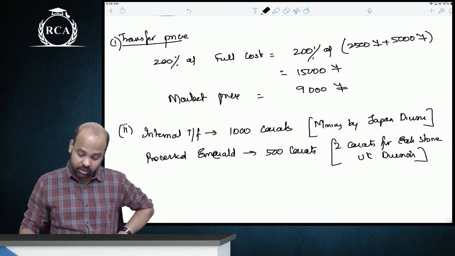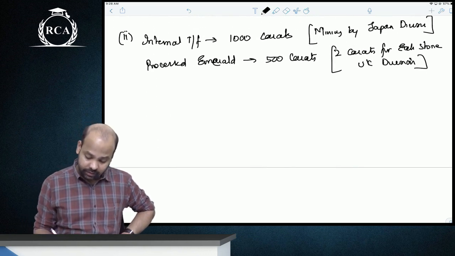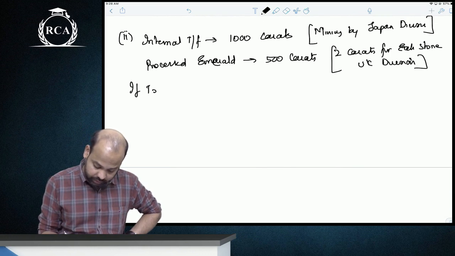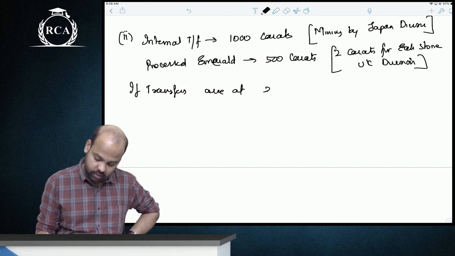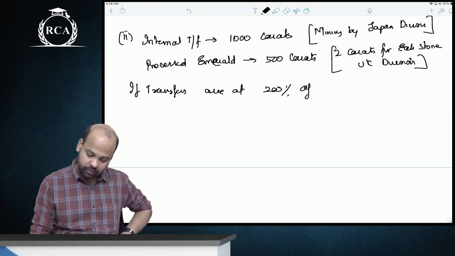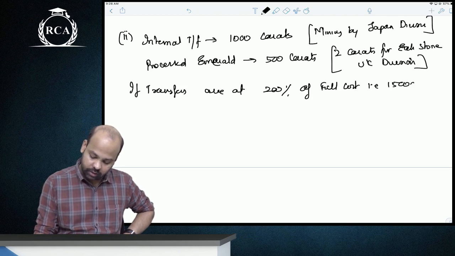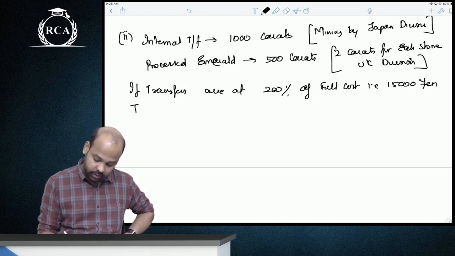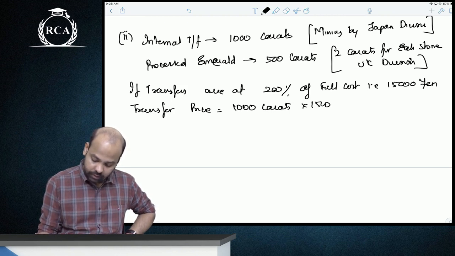Is this understood? Now, guys, if transfers are at 200% of full cost, that is at 15,000 yens, the transfer price would be 1,000 carats into 15,000 yen.